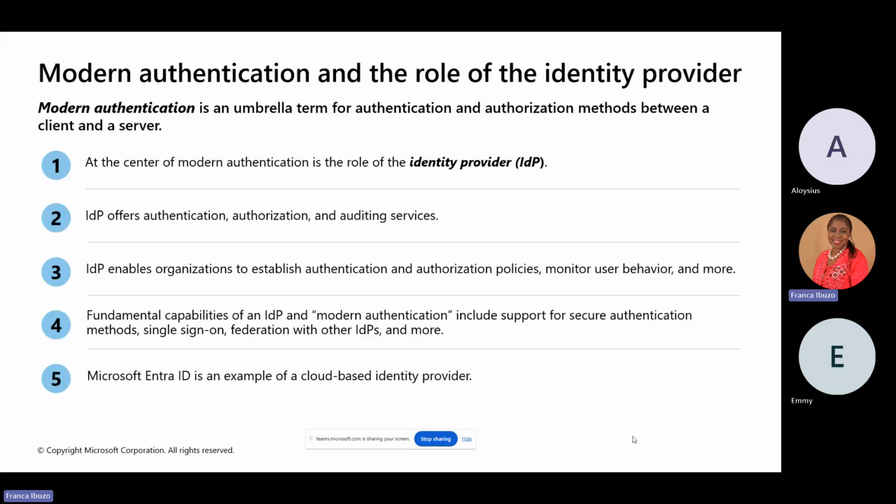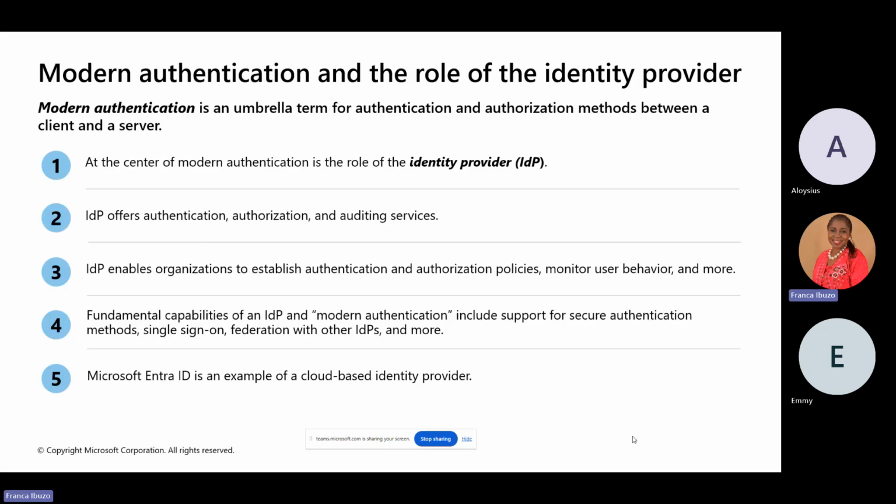So we know what all this means now. Then that's authorization and auditing. The identity provider, IDP, enables organizations to establish authentication and authorization policies, monitor user behavior, and more.